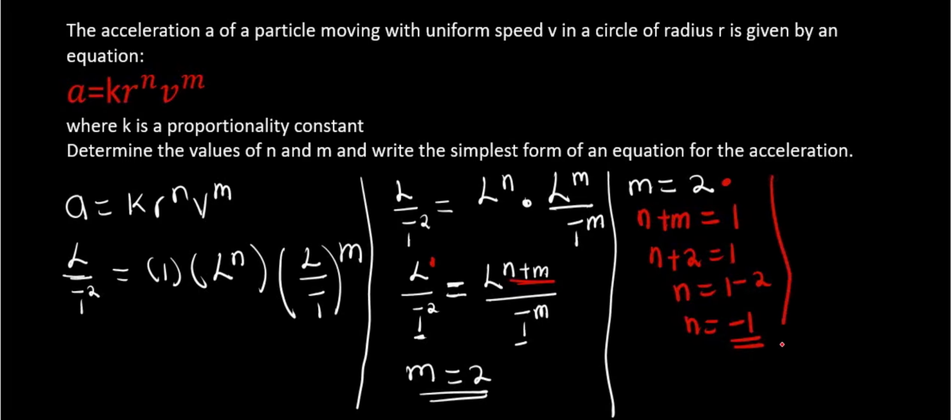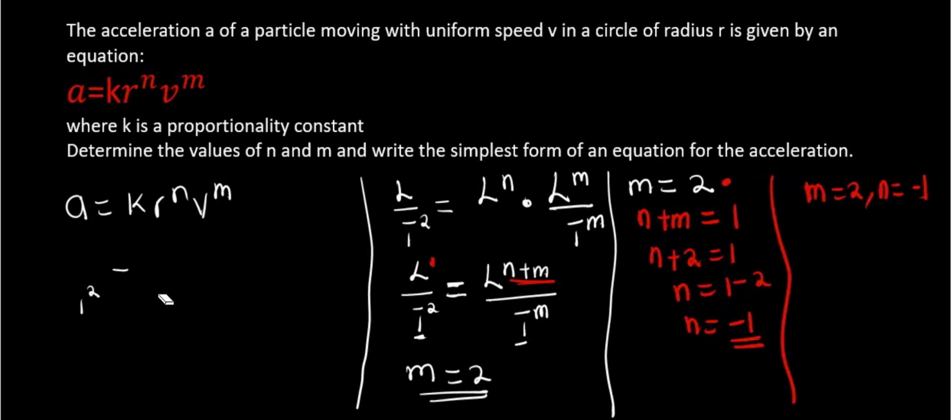So you can state a conclusion now. Here there are 2 questions, so you just say m is equal to 2, then n is equal to negative 1. The other question says write the simplest form of an equation for the acceleration. Let me just clean up this side.